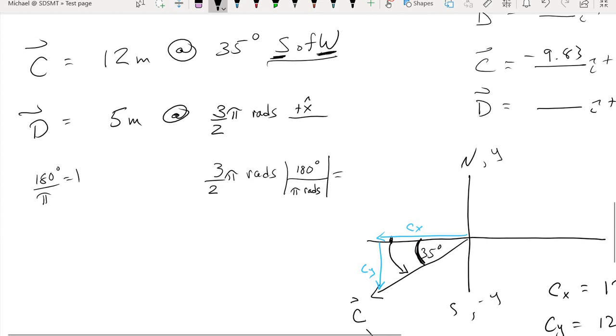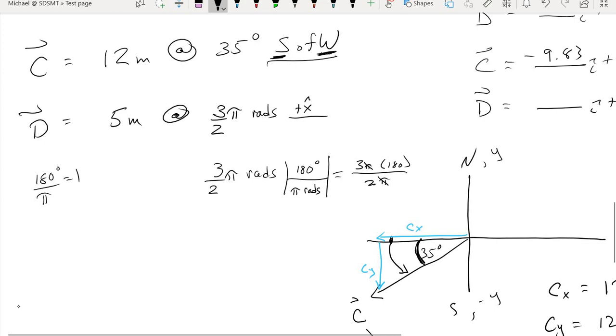We now multiply across the top and the bottom. So we have 3 pi times 180 over 2 pi. The pi's will cancel out.